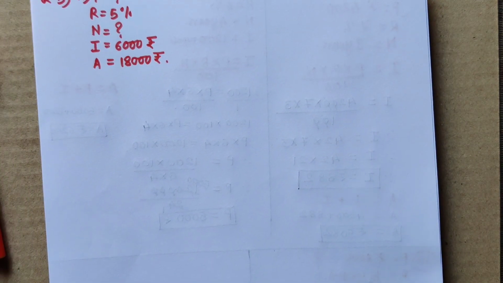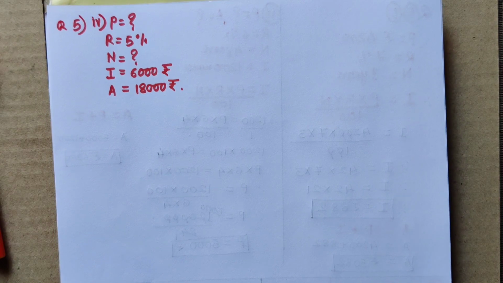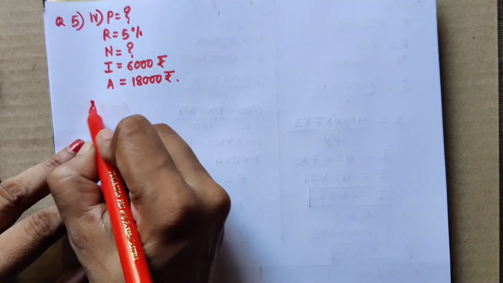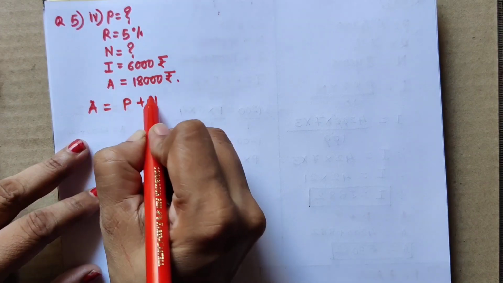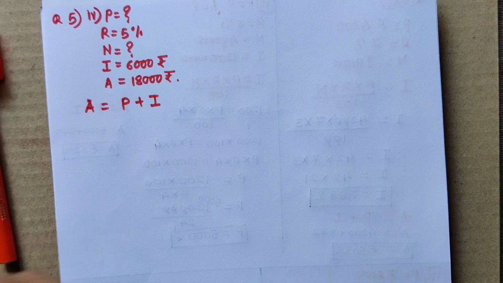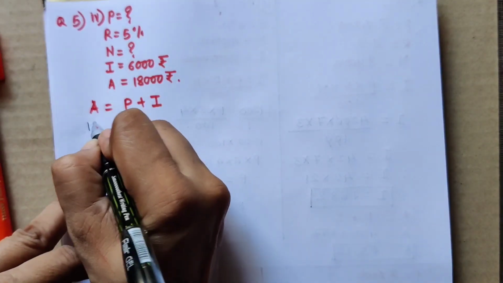So as the amount and interest are known to us, we can directly find the principal first by using the formula of amount is equal to principal plus interest. We can directly find out the principal from this formula. So amount is given 18,000 rupees.